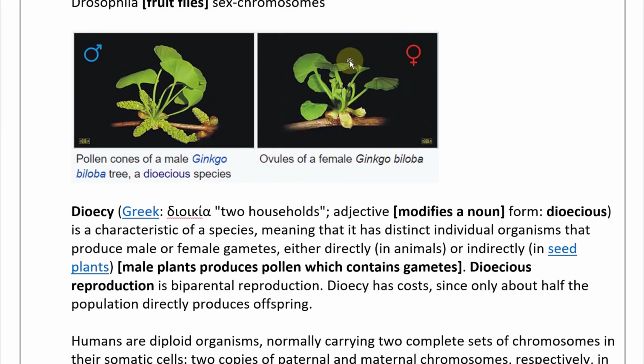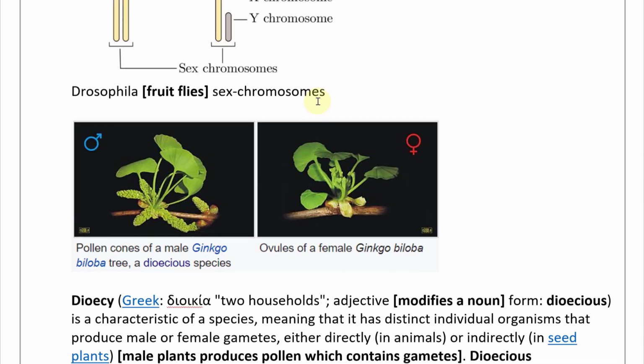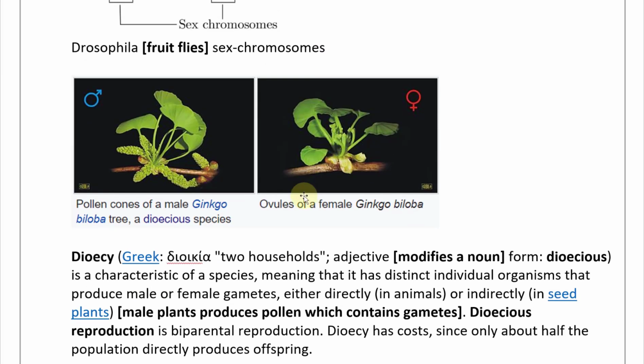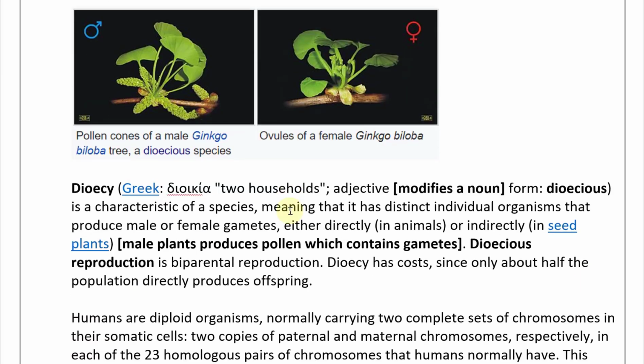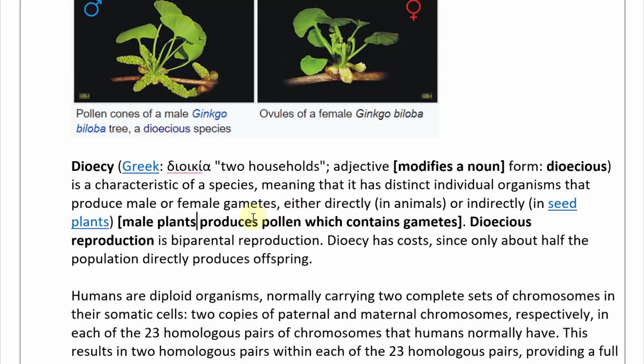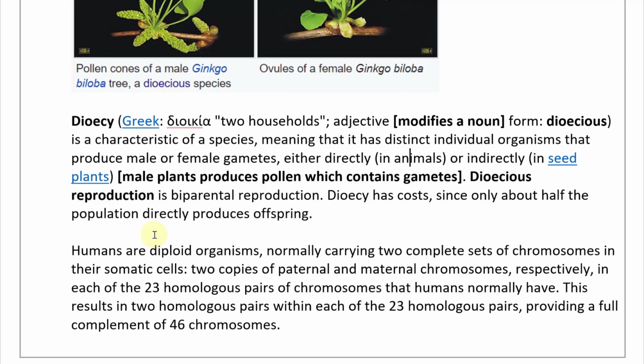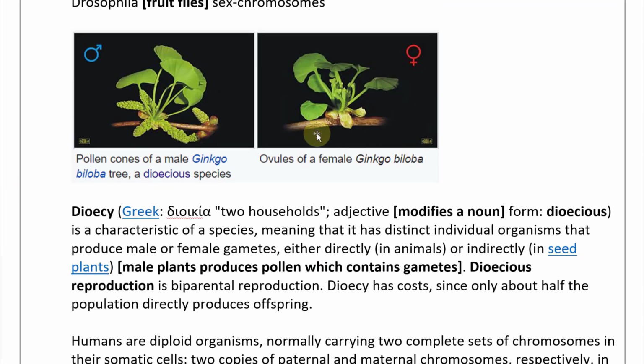So the pollen goes into the female plant, and then it eventually gets into the egg and releases the sperm cells, or the gametes, inside the egg. Hence the word indirectly there, as opposed to animals, where the male and female both produce the sperm and egg directly, and then they fuse. This is the indirect one. The male plants produce pollen, which contains gametes, so the pollen goes in, and then it releases.